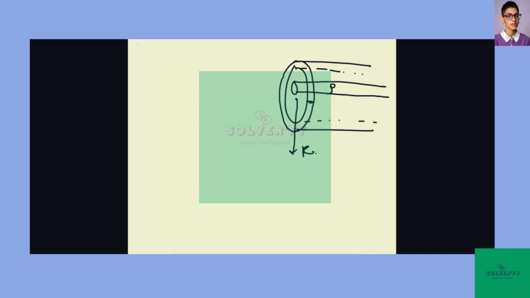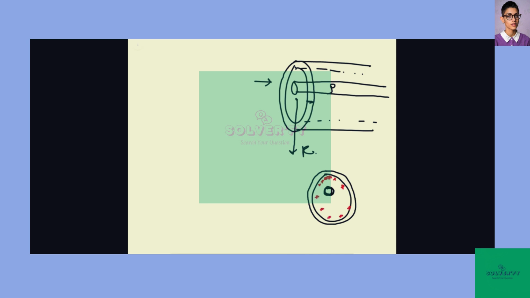So let's look at it this way: the cross section of this system. This is our cylindrical shell, and this is our cylinder with charge. Now, because it is not at the center, it will induce a charge on the inner surface of this cylinder, but it will not be uniform.